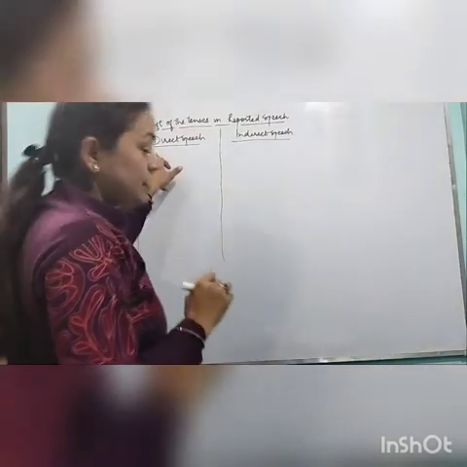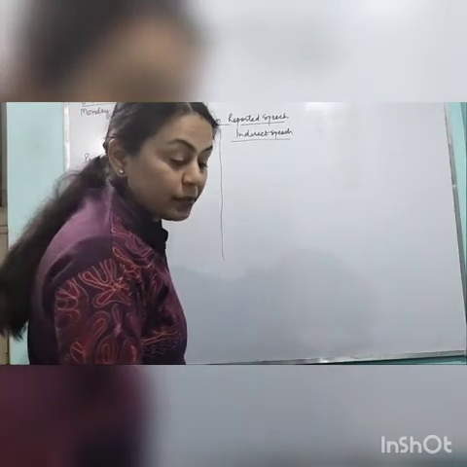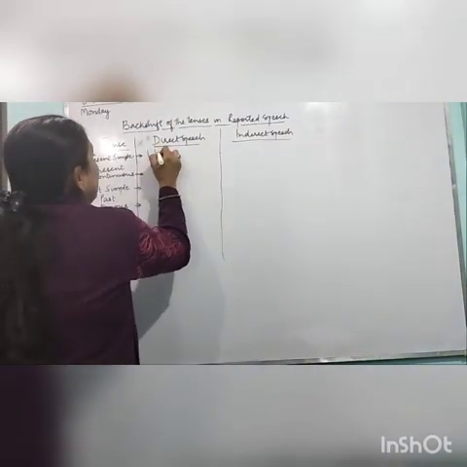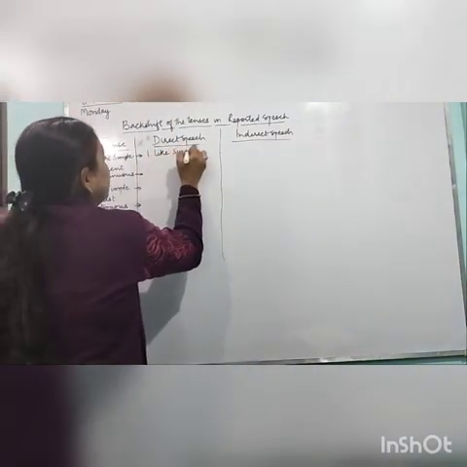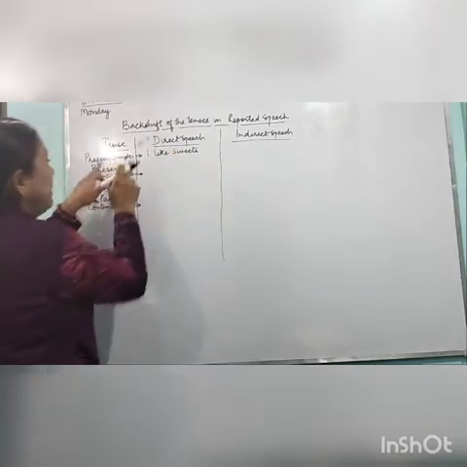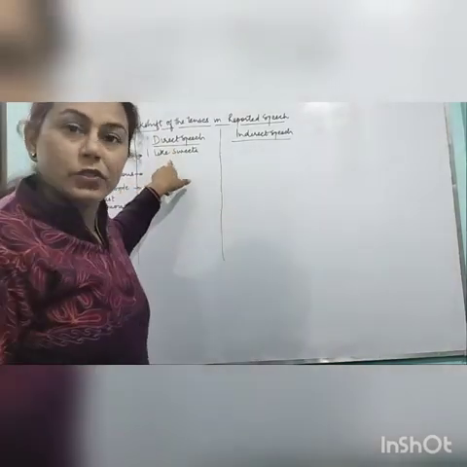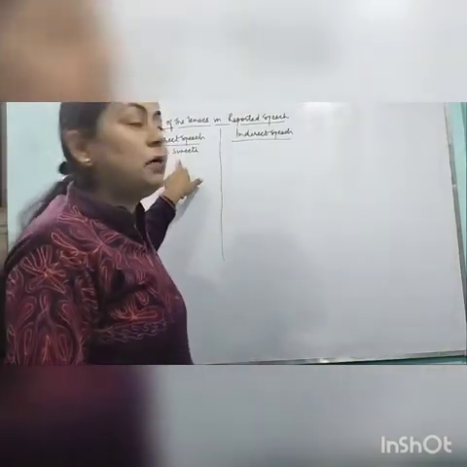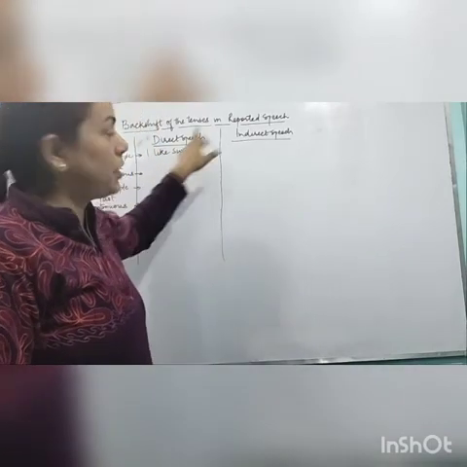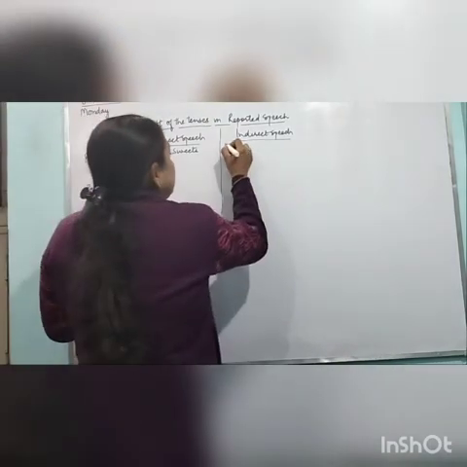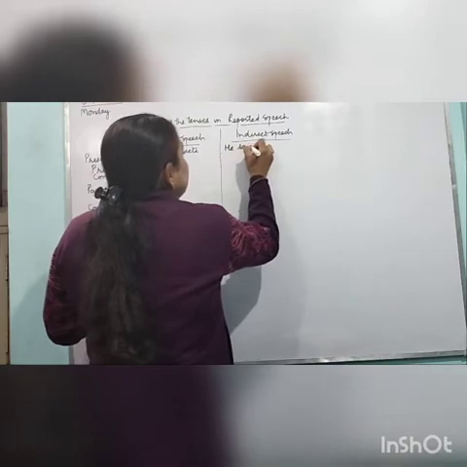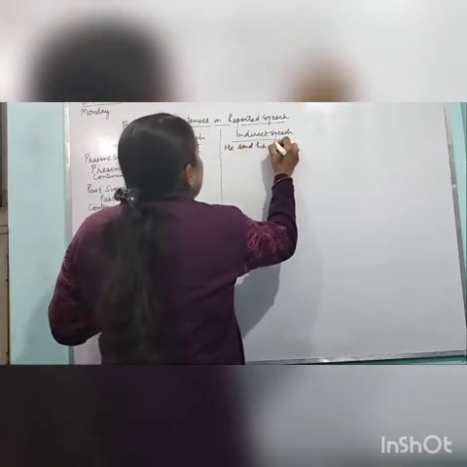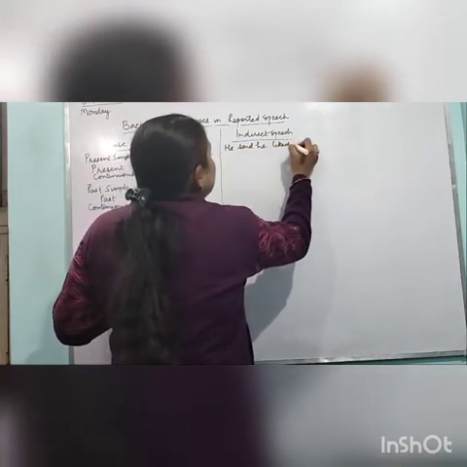Now, if the direct speech is in the present simple, I like sweets. अब ये present simple में है, I like sweets. This is in the present simple. So how will it change in the reported? He said he liked sweets.